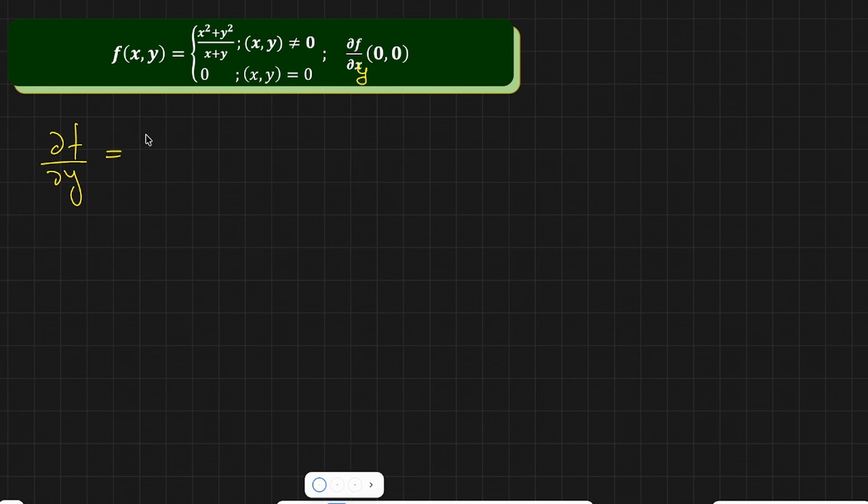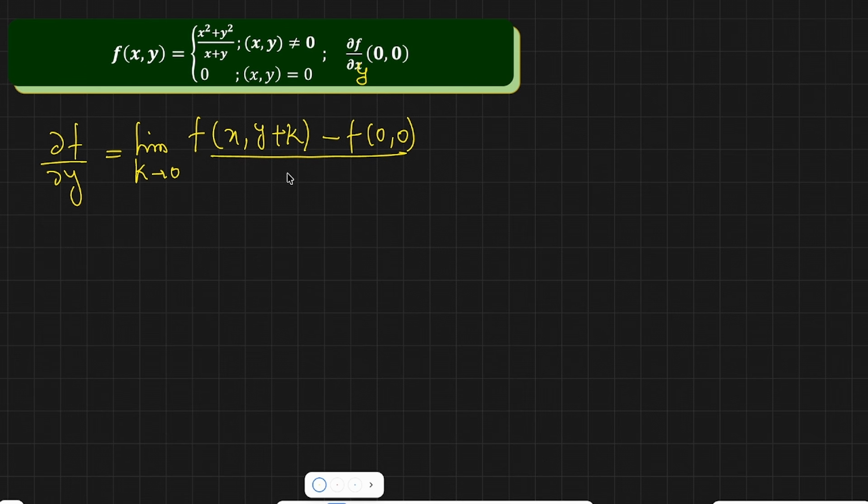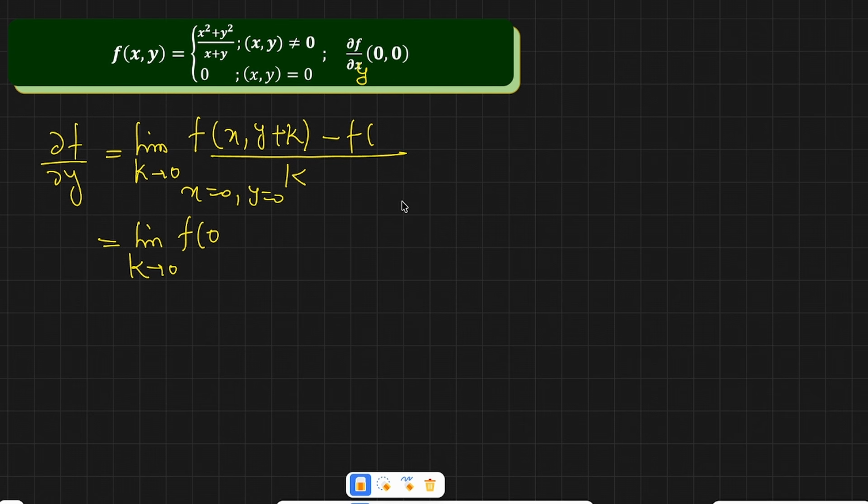So now it will be limit k tending to 0, f(x, y + k) minus f(0, 0), divided by k, with x equals to 0, y equals to 0, so f(0, 0 + k) minus f(0, 0) divided by k.